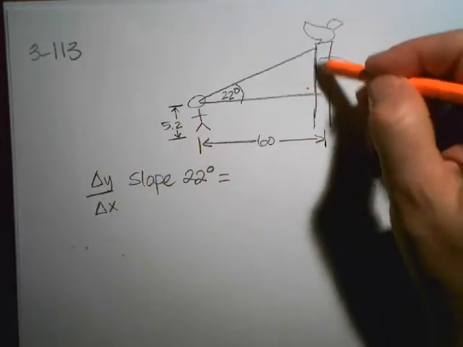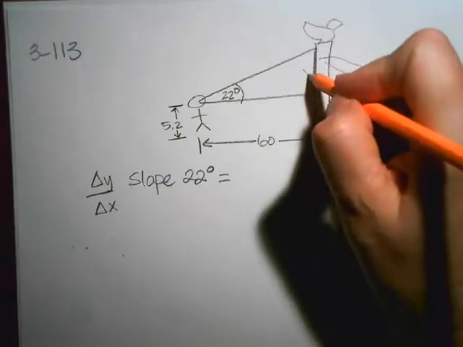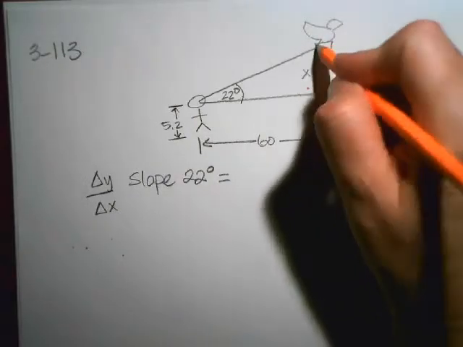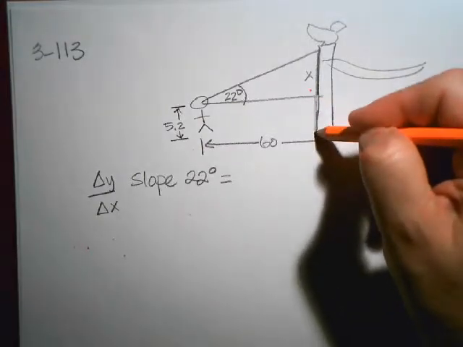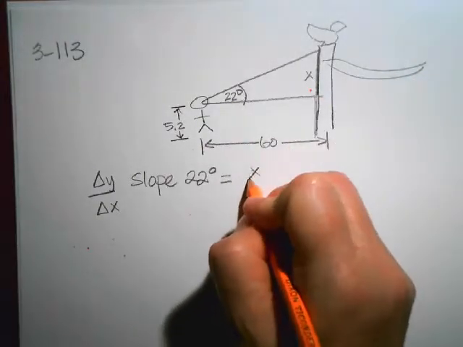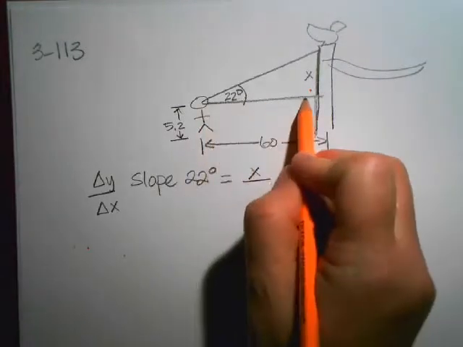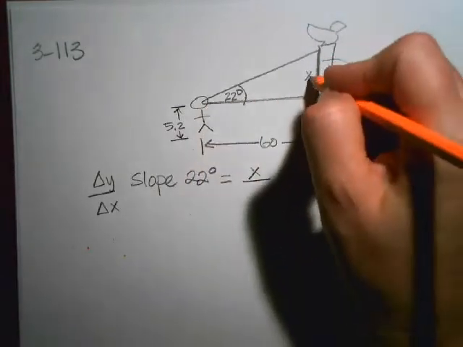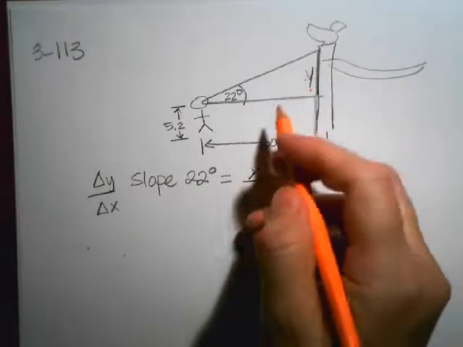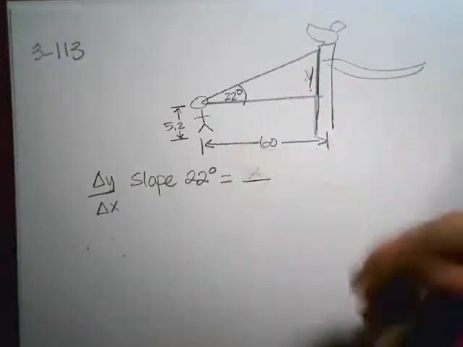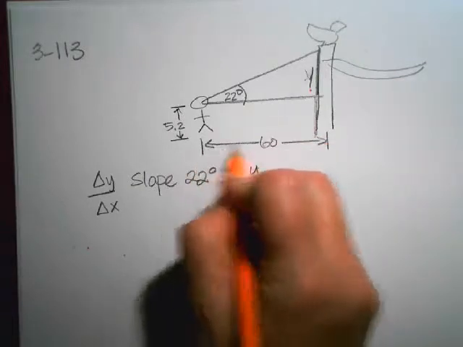Change in y would be this length from the top of the pole to 5.2 feet above ground over the change in x. Why did I put x there? Let's put a y. That's the change in y over change in x, which is 60.